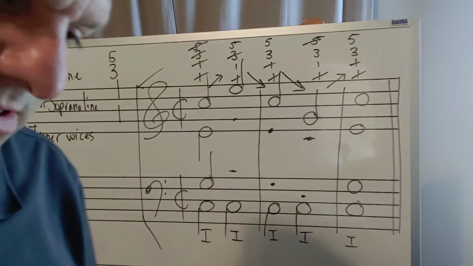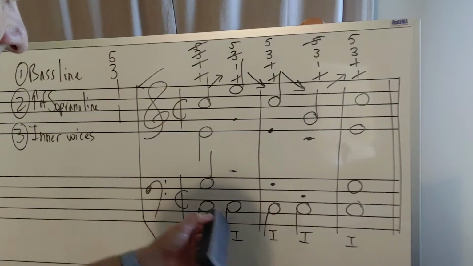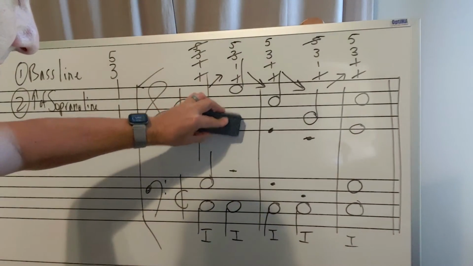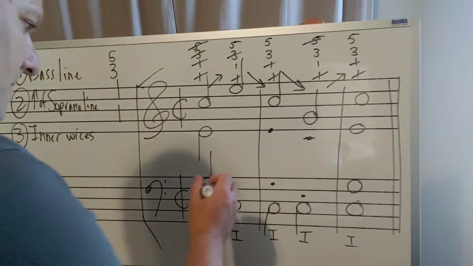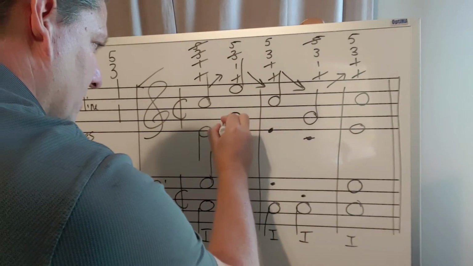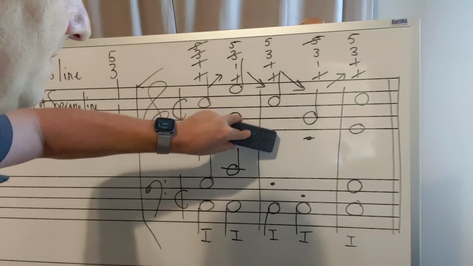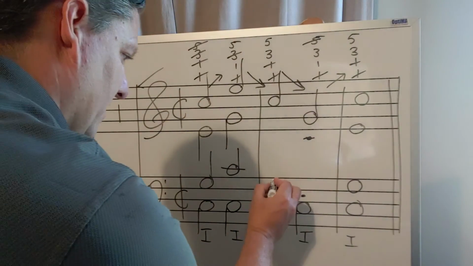Okay, so now we just have to erase. Put in our stems so they're about an octave long. This was correct, by the way, what we had.